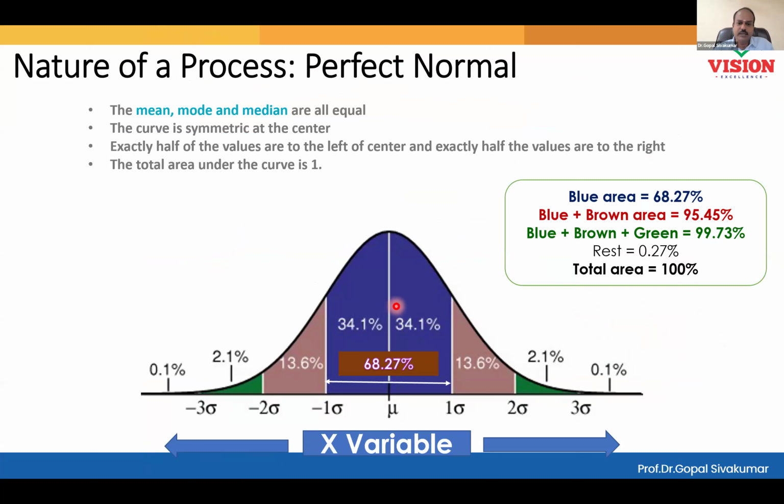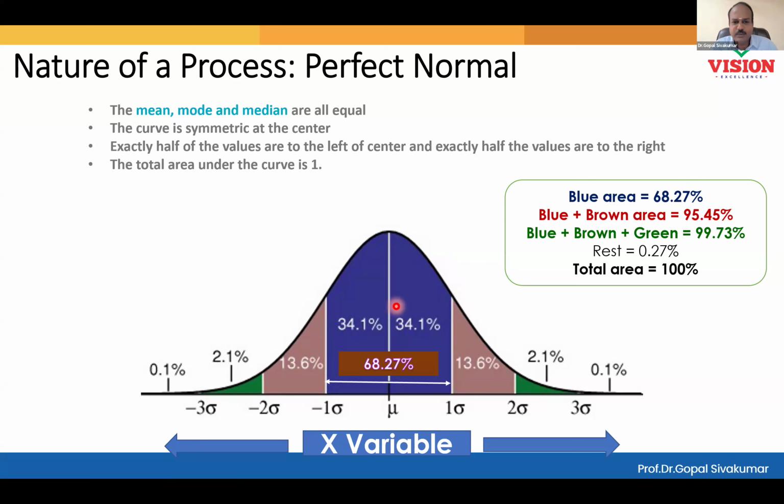What are the properties you know right now? Normal distribution curve is symmetrical about the center. Yes or no? That means 50% on the right, 50% on the left. You see this property getting fulfilled in many processes. You draw a line here at the center of your face. Do you see your face symmetrical? How did that happen? It happened on its own, isn't it?